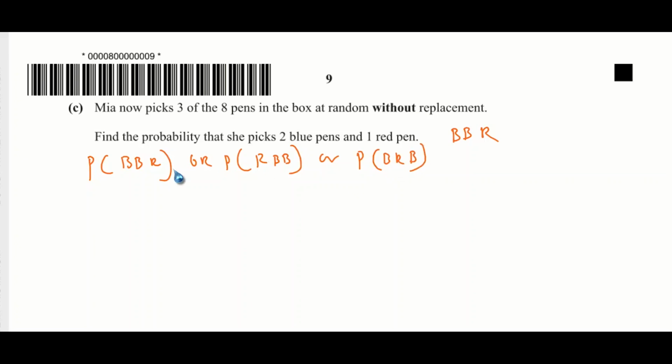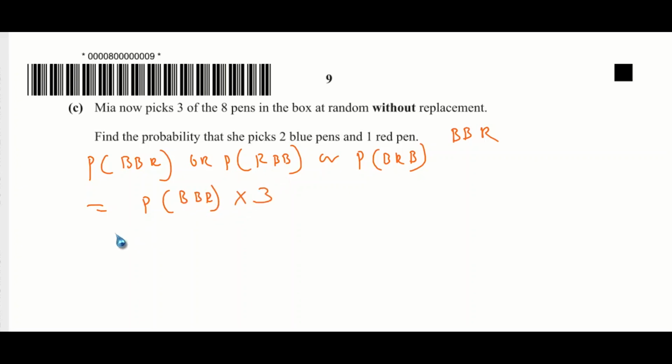So without replacement, these three are identical, so we can just do it for one and multiply by 3. We just take the probability of BBR, multiplied by 3.